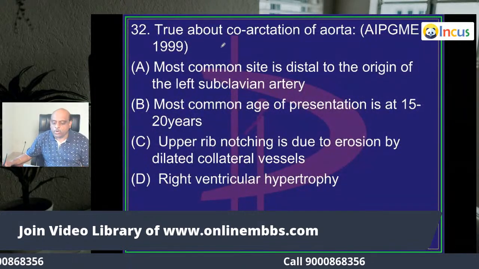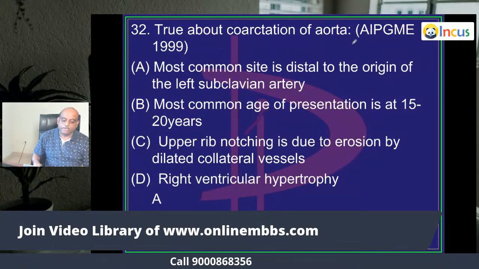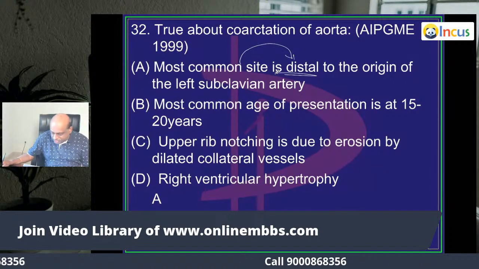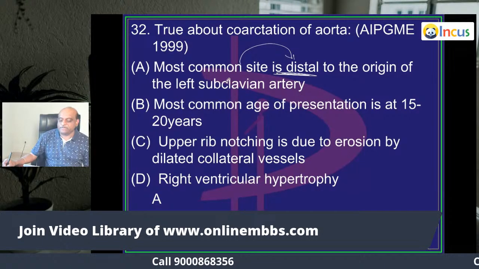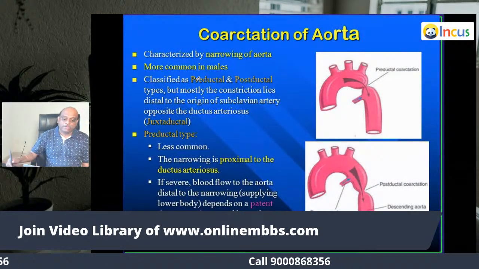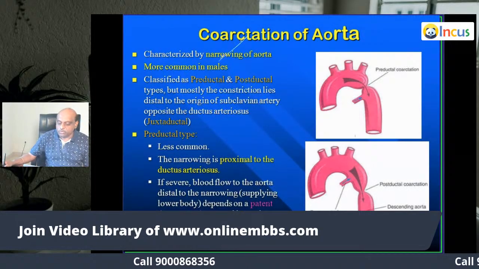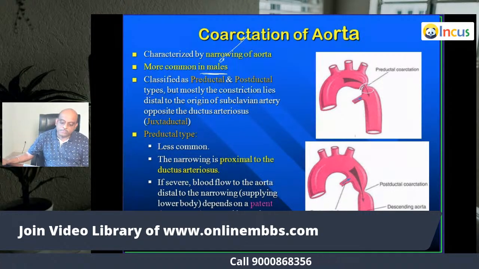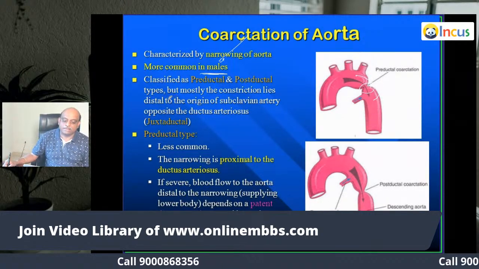What is true about coarctation of aorta? Coarctation of the aorta. The most common site is distal to the origin of the left subclavian artery, is what you need to remember. So coarctation is more common in males. It is based upon whether it is pre or post-ductal.